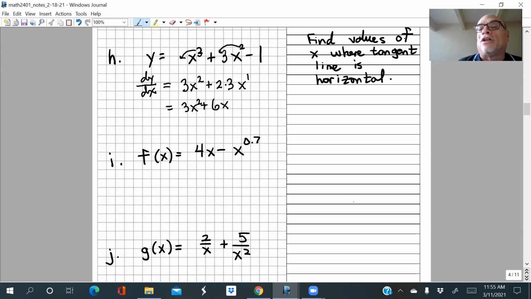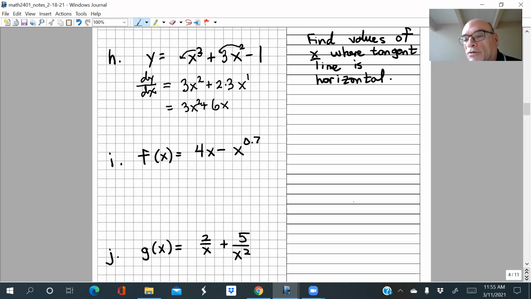Here's my question. I want to find the values of x where the tangent line is horizontal. On the graph of this function, which I have only a vague idea of what it looks like, I want to find what values of x will have a horizontal tangent line.